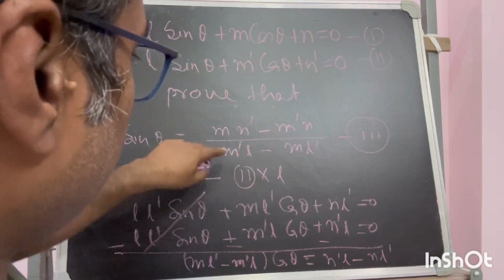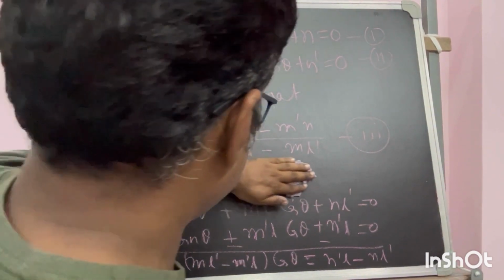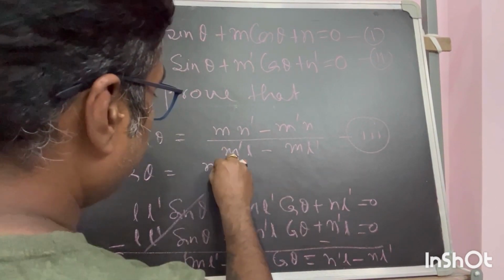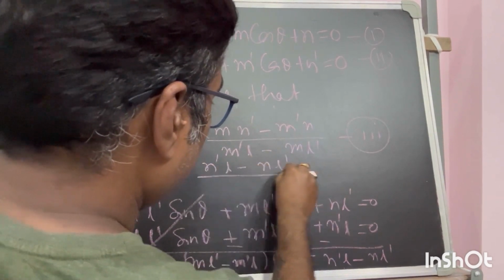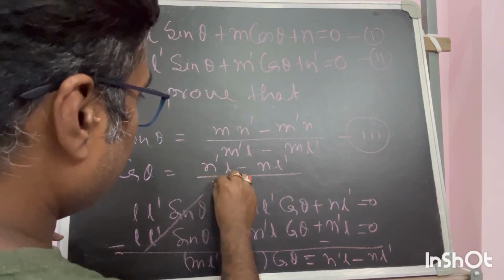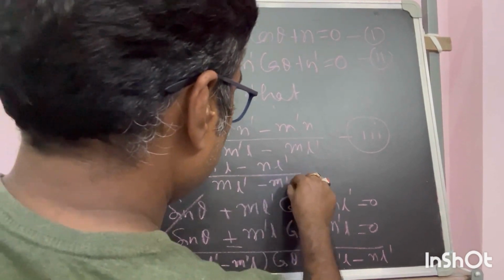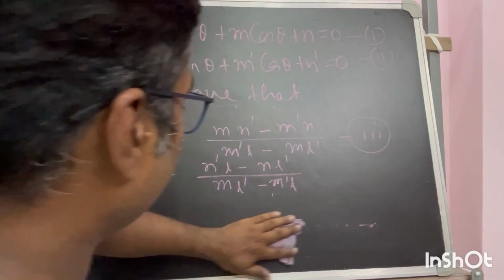Okay, so according to that, cos theta will be how much? Cos theta, if I write, ultimately N dash L minus N L dash on the top, and here M L dash minus M dash L. Okay, so this will come here.